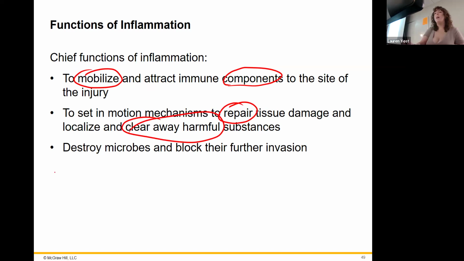And then we're going to hopefully destroy some microbes and block invasion. This is really what they're good for, blocking further invasion. They're going to do what they can to destroy the microbes, but mostly they're going to be called to the area and also exude their own chemicals that'll be calling other cells to the area, activating our lymphocytes and having them proliferate so we can get them working.